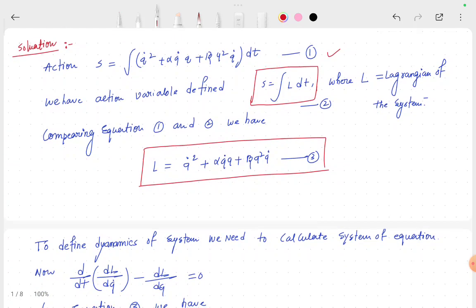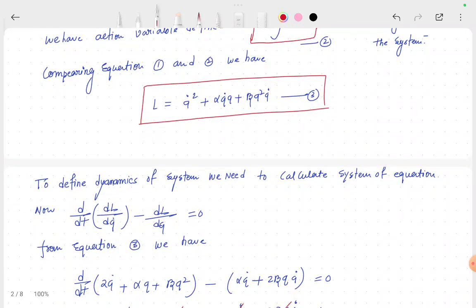Now we have the Lagrangian of the system, so we calculate the equation of motion. To calculate the equation of motion, we use the Euler-Lagrange equation, which is d by dt of del L by del q dot minus del L by del q equals 0, where q is the generalized coordinate here.